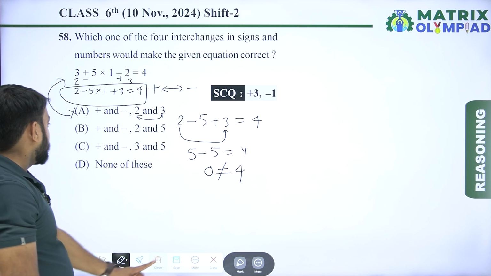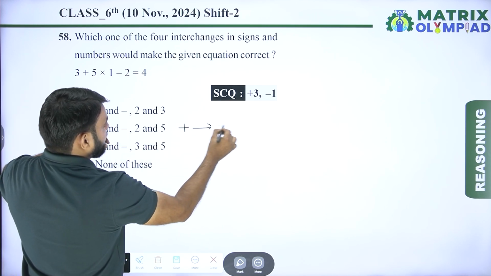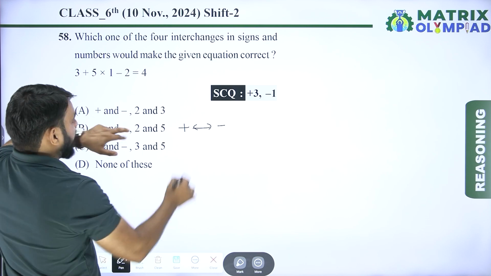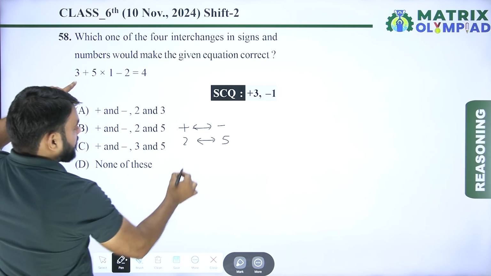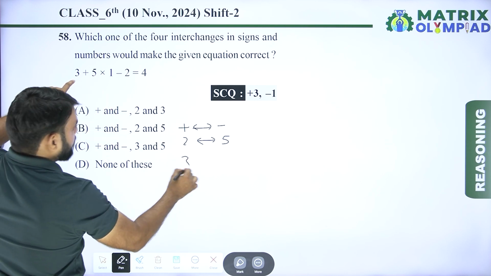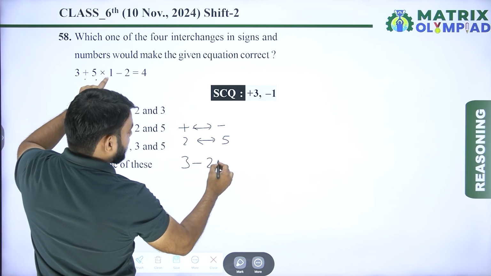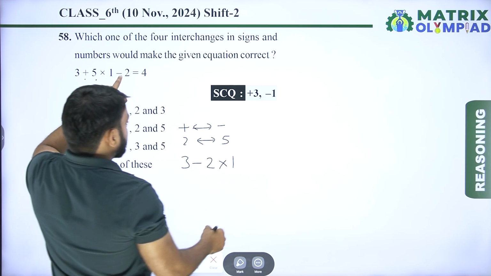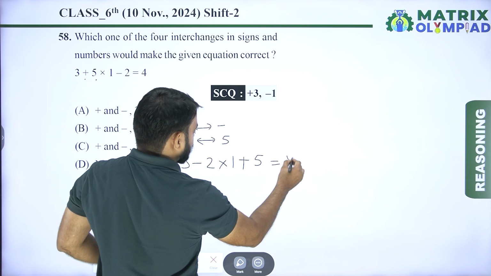Now taking option B. According to option B, plus becomes minus and minus becomes plus, and 2 becomes 5 and 5 becomes 2. So the equation is 3 minus 2 multiply 1 plus 5 is equal to 4.